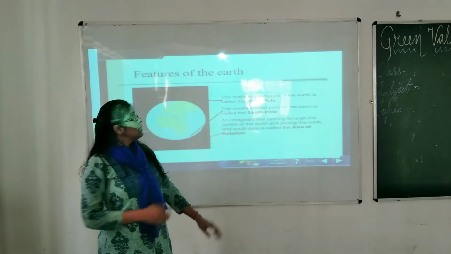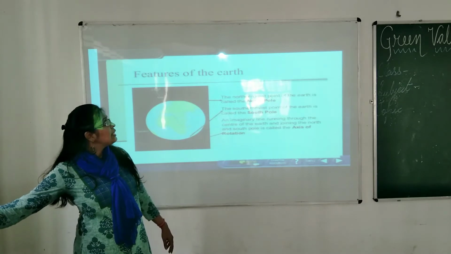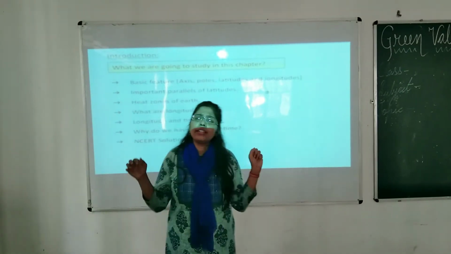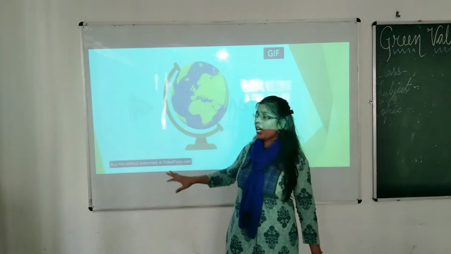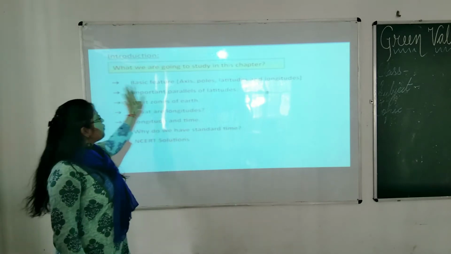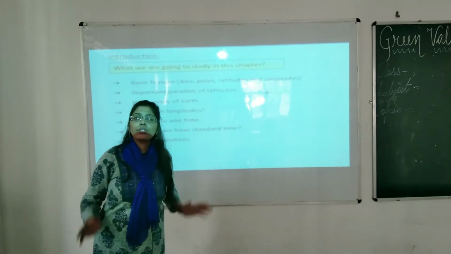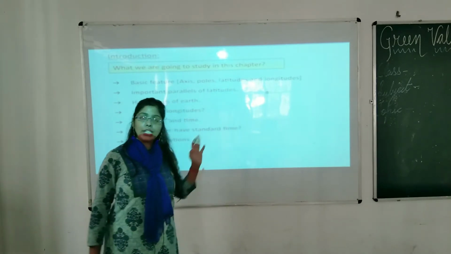So basically what you are going to see, features of the earth. But before features of the earth, let us see what you are going to study in this chapter. Students, in this chapter, in this topic, basically what I have covered, that is basic features. You are going to study the basic features of the globe, the axis, the poles, the latitudes and the longitudes.